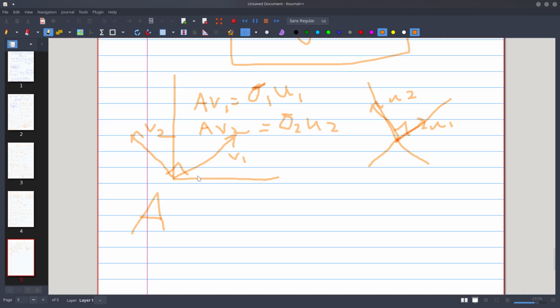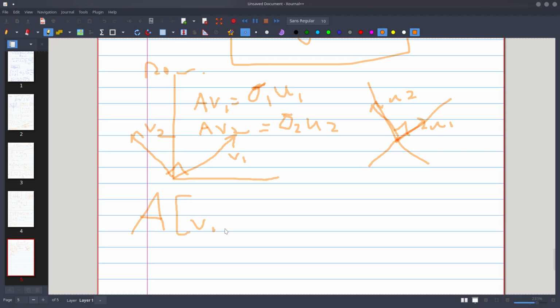So we have an orthogonal pair of vectors being operated on in the row space, and somehow we end up with an orthogonal pair of vectors in the column space. That's very special, actually, and that's the assumption we're making here. So what you end up with is A times V. Let me make this clear.